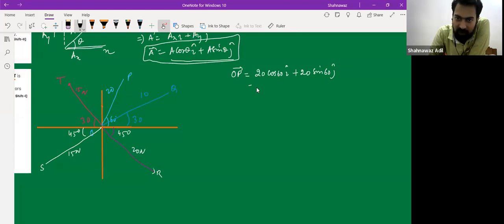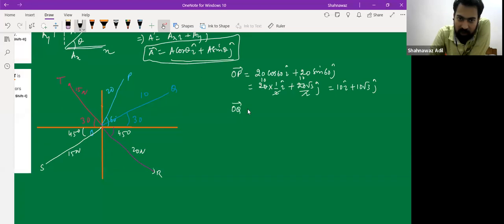So this is 20 times 1 by 2 i hat plus 20 root 3 by 2 j hat. So this is 10 i hat plus 10 root 3 j hat. Am I correct, guys? Yes, sir.